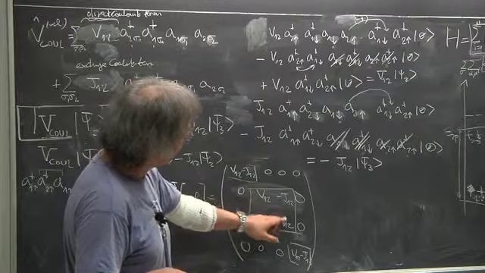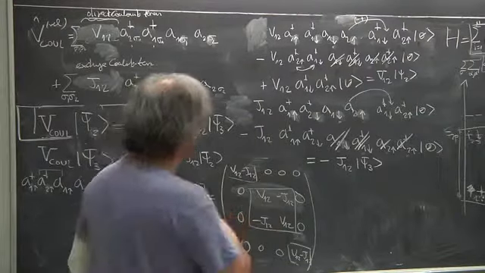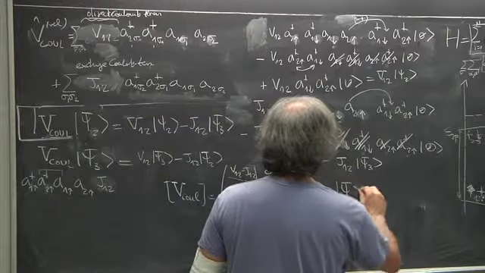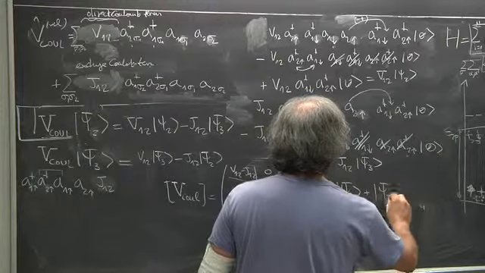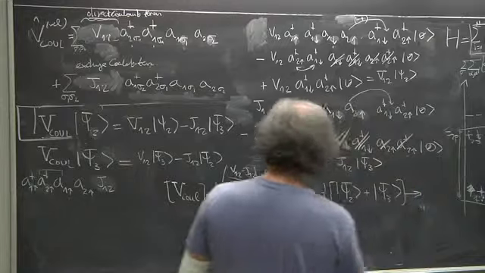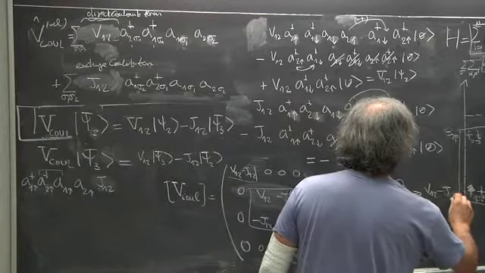The sum gets an energy which, you can verify, is that the element psi 2 plus psi 3 over square root of 2 will have an energy that is V12 minus J12.